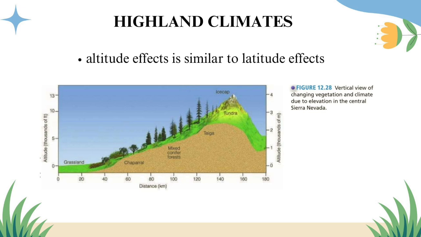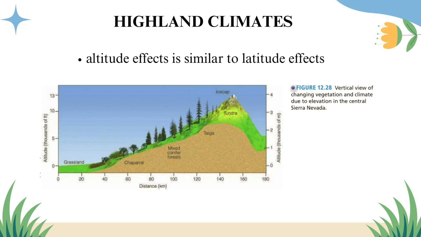So these climates occur in mountainous areas where altitude affects temperature and vegetation similarly to how latitude does. So the higher the elevation, the colder, supporting different vegetation zones from grasslands at the base to alpine tundra at the peak. So the rainfall patterns vary based on slope and exposure, so it is important to identify the windward or leeward sides.